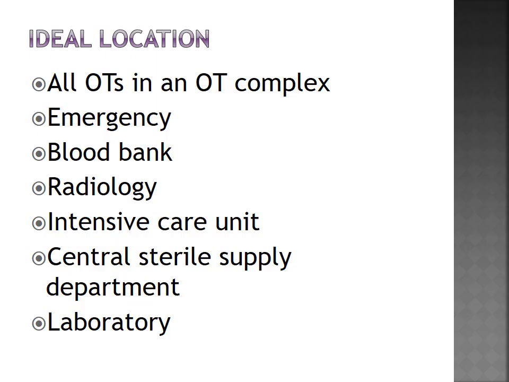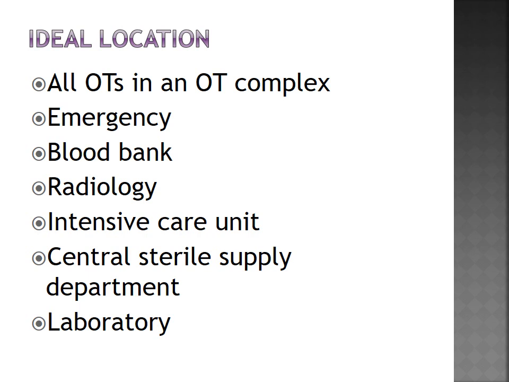Now, to set up an operation theatre, and when a hospital is being built, we need to take into consideration various aspects. And what we really think about is the ideal location of each and every department. So, when you enter a hospital campus, at the entrance you have the help desk or the reception, then you have your outpatient department, and your emergency department as well.